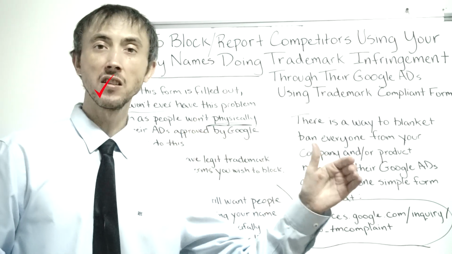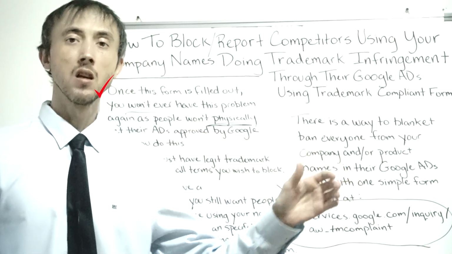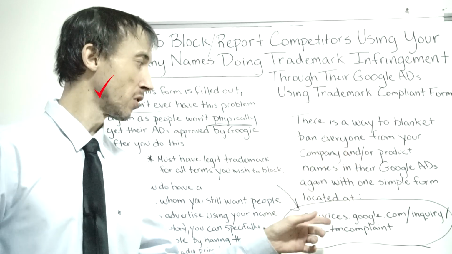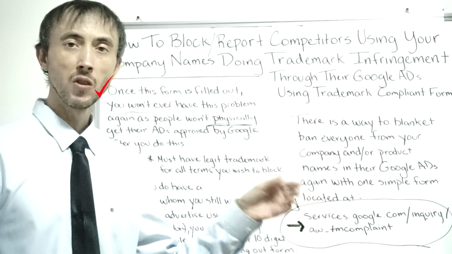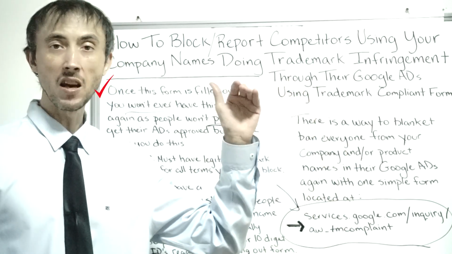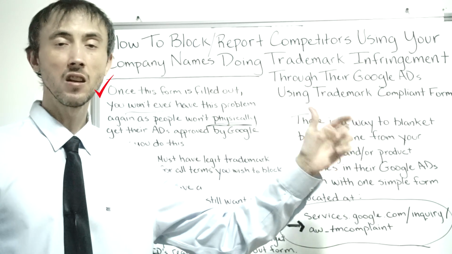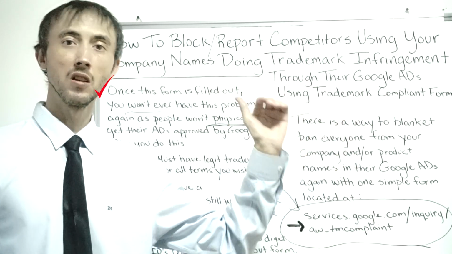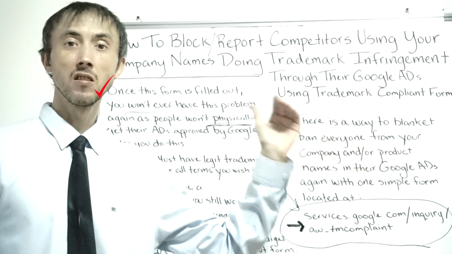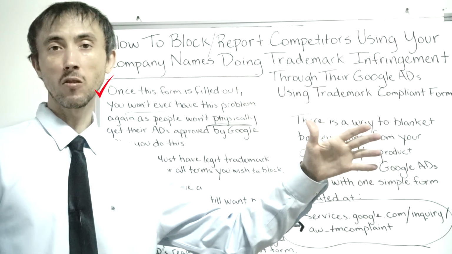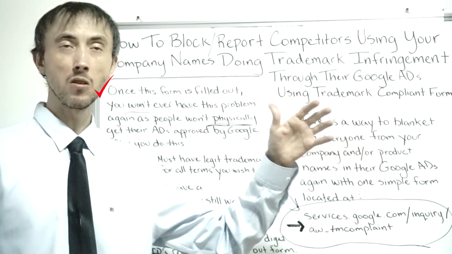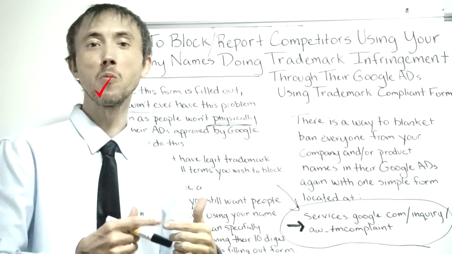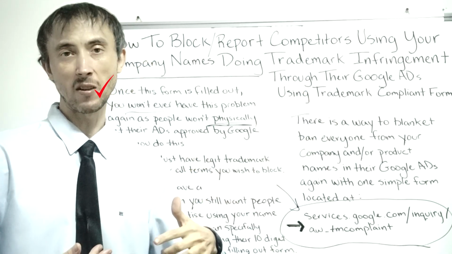So you don't have to rely on some Google employee covering you once you fill out this form. Once you block a certain word from the Google ad system through this form, which is what this form does, anybody else creates an ad with that word in it, it'll automatically get disapproved right away, because every ad you submit into Google Ads' system goes through a review process, even if you've been a long-time advertiser.